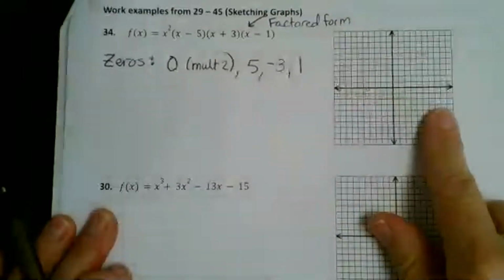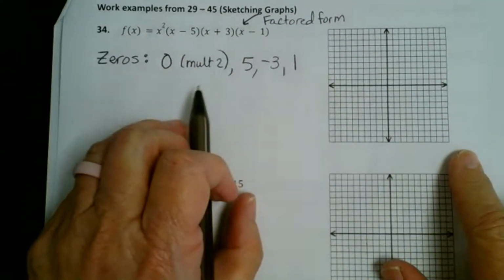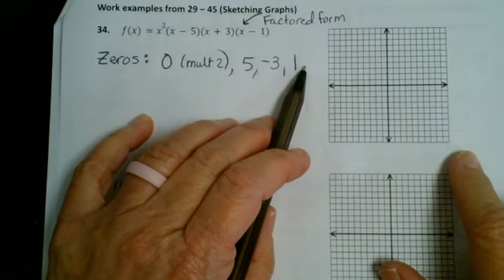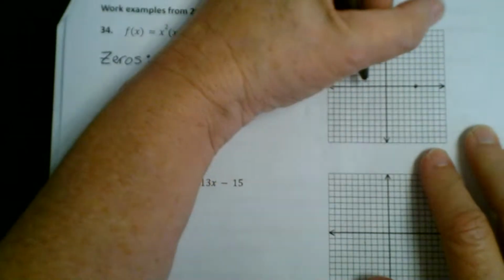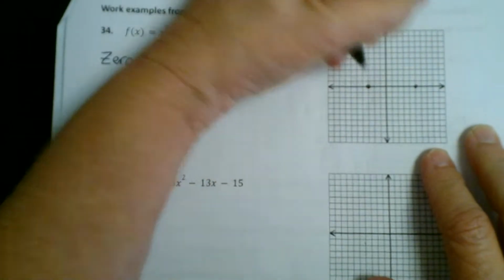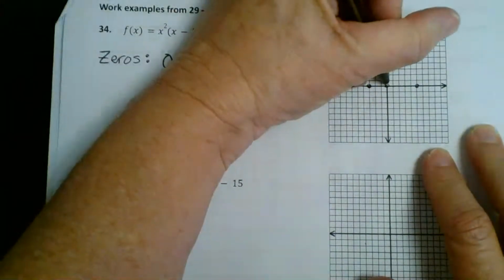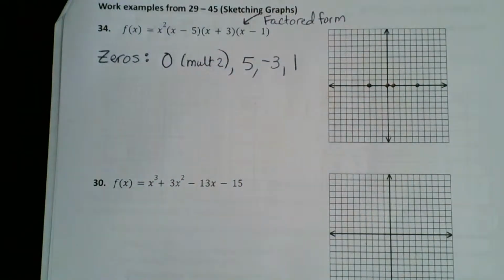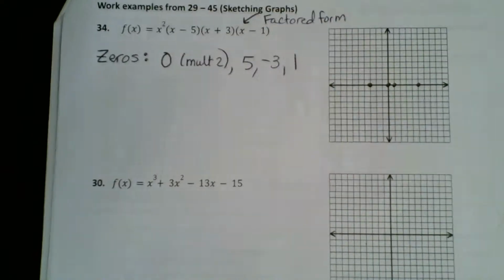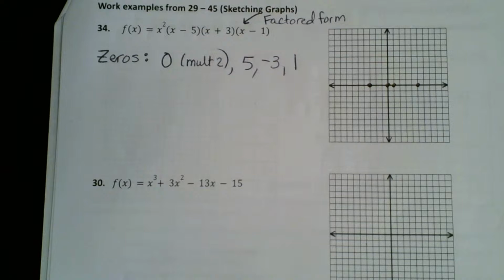So on my graph, I am going to put points at 5 and at -3, no particular order here, and at 0 and at 1. That only looks like 4 zeros. But my behavior when I approach that 0 will tell you if it had a multiplicity greater than 1.